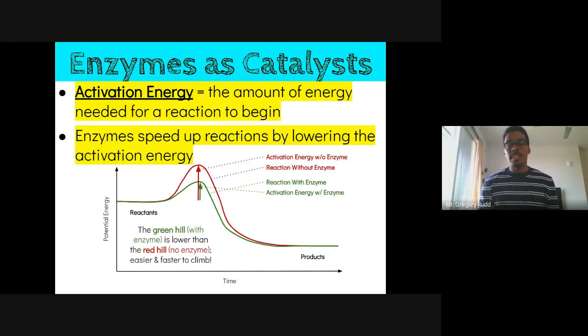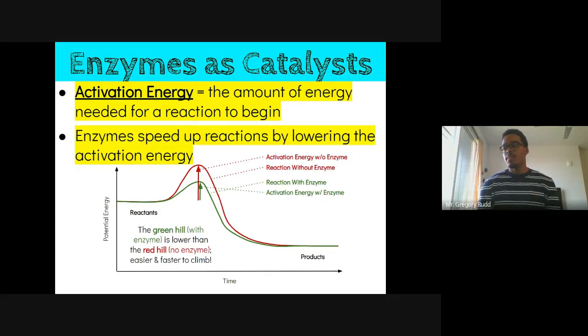It doesn't require as much time either. Same thing with enzymes. Enzymes give reactions that opportunity to choose. Nope, that hill, that activation energy is too much. I need to lower it. That way I can do things faster and with less energy. Enzymes give reactions that choice. They say, we're going to lower the activation energy and make this reaction go faster.